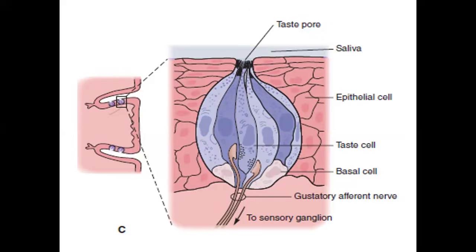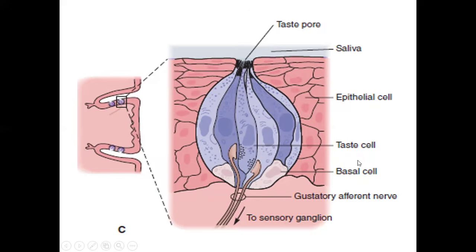This is another image just trying to show you one taste bud being zoomed in. The taste pore shows a film of saliva, and then the taste pore has a taste bud there.